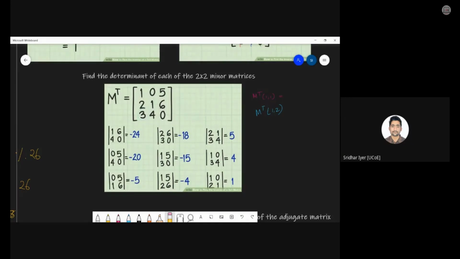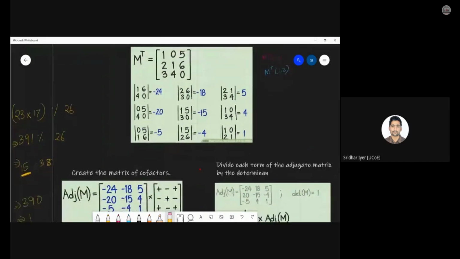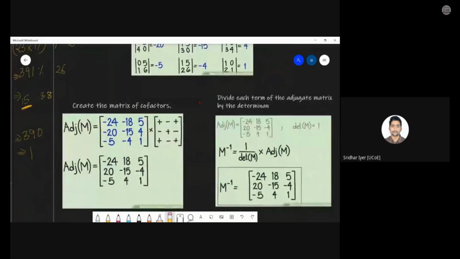You have to calculate the determinants of the minor matrices of each of these 9 elements, and at the end you will get these values: minus 24, minus 18, 5, and so on. This is what we call the matrix of cofactors. I'm just revising the concepts, you must be aware of it.